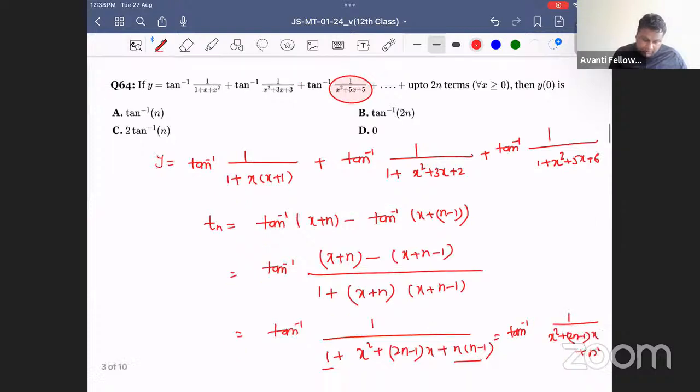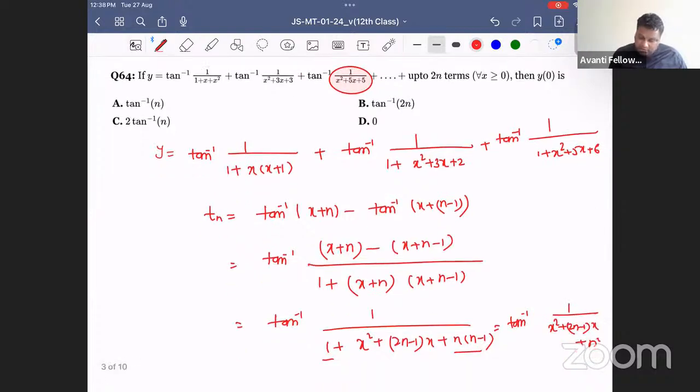In the second term, if n is 1, it is x square plus x plus 1. In the second term, it is x square plus 3x. It should be n into (n minus 1), so n square minus n plus 1. So in the second term, T2, it should be 4 and 1, 5 minus 2, 3. In the third term, it should be 9 and 1, 10 minus 3. It should be 7. Then only it is correct.